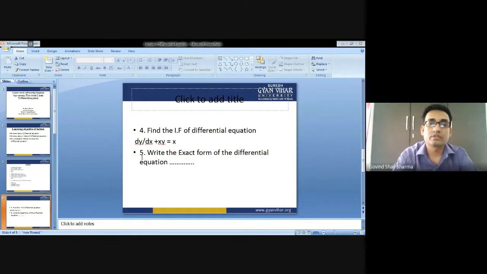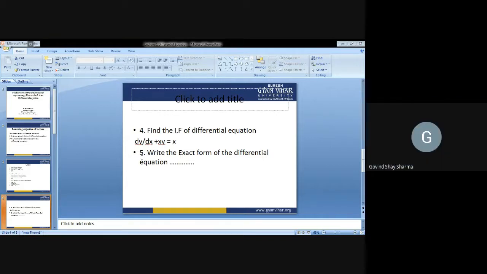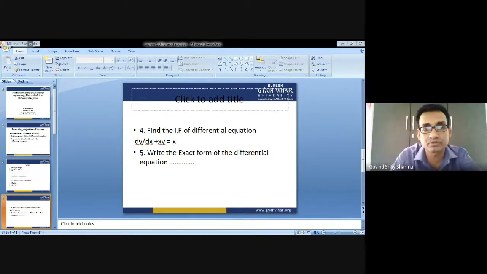We know the formula: the integrating factor for a linear differential equation is e to power integration P dx. So here P is equal to x, then IF is e to power integration x dx, and we know the integration of x is x square by 2, so the IF is equal to e to power x square by 2.